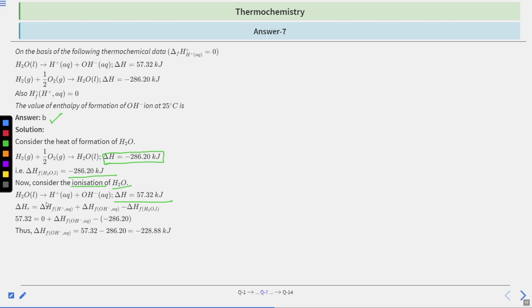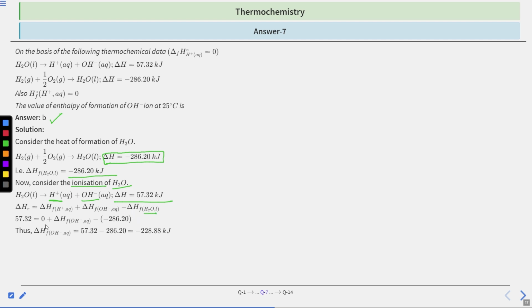So the enthalpy of formation of H plus, that is this product, plus the enthalpy of formation of OH minus, minus the enthalpy of formation of H2O in liquid state.